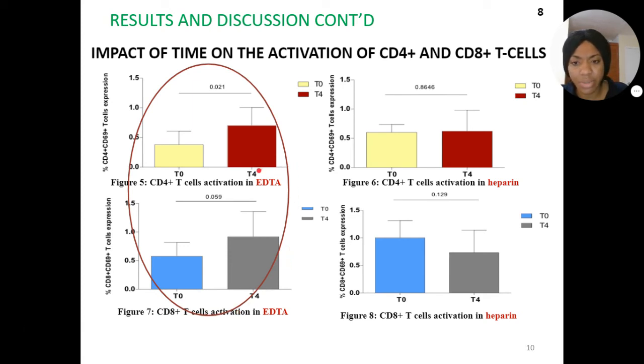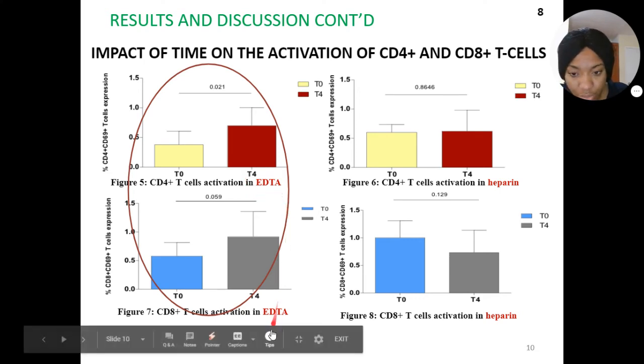Let's notice an important trend here. The difference in activation after 4 hours happened only in the T cells that were placed in the EDTA tubes. You can see here, but in the heparin tubes, there was no such significant difference.